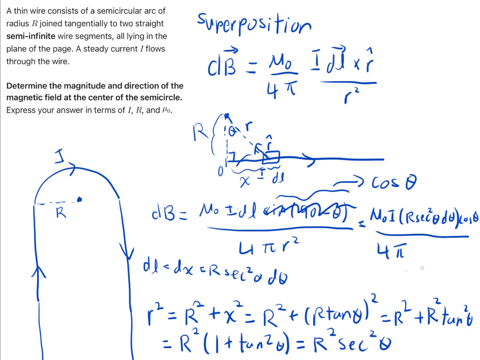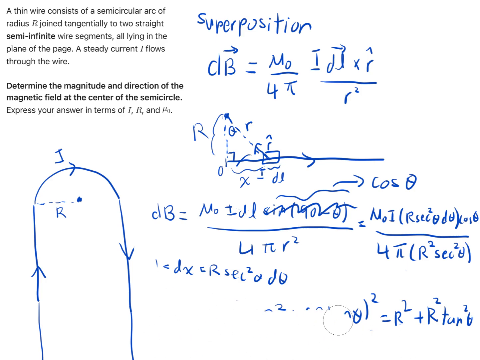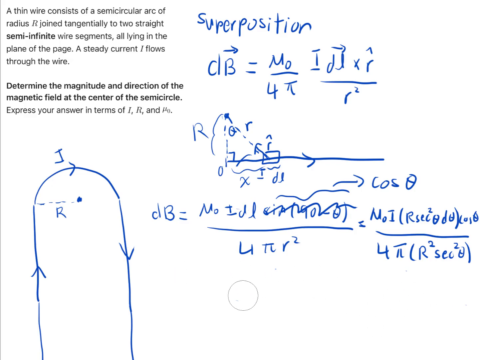And then r squared we derived to be big R squared times secant squared of theta. Okay, so I'm going to clear up this area a little. And now we have our expression for dB.